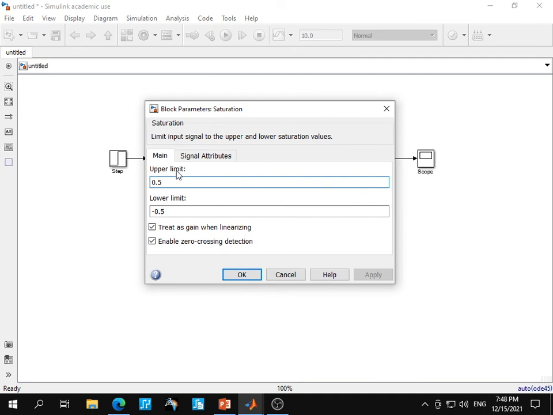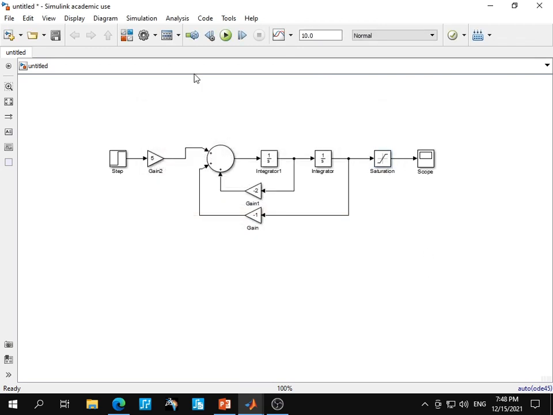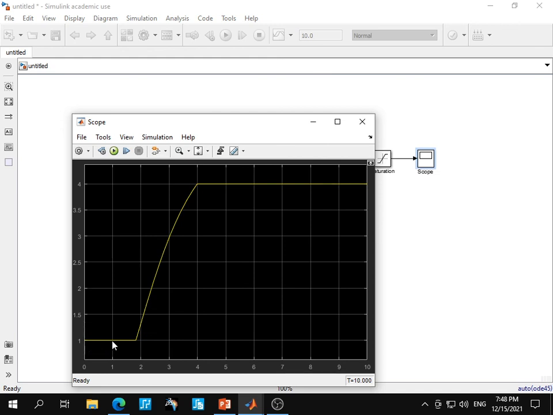You have the upper limit and the lower limit. If you set it to 1 to 4 and let it run, now if the value is smaller than 1, it will show you 1. And if the value is greater than 4, it will only show you 4. This is useful if you want to get rid of some extreme values.